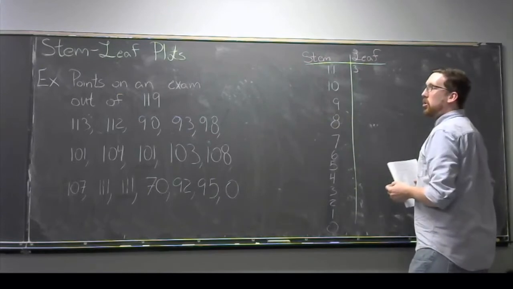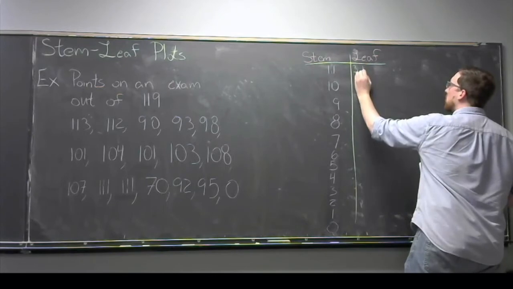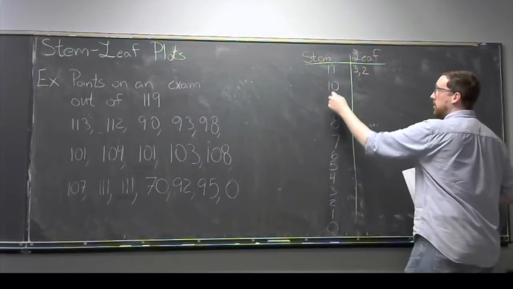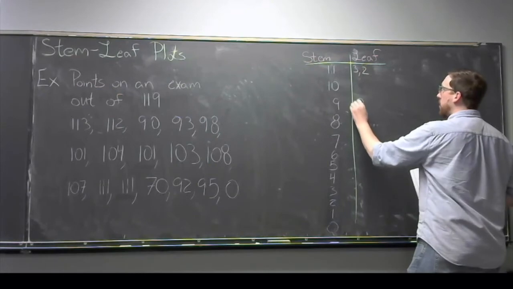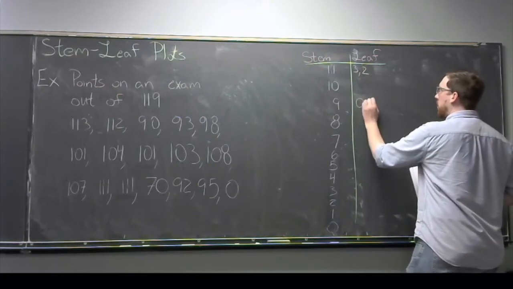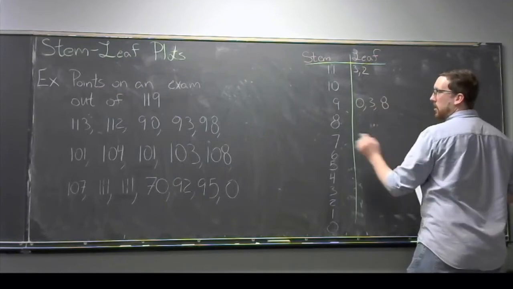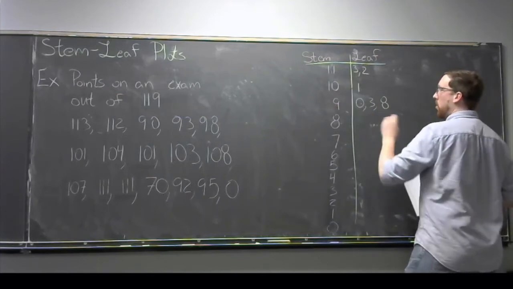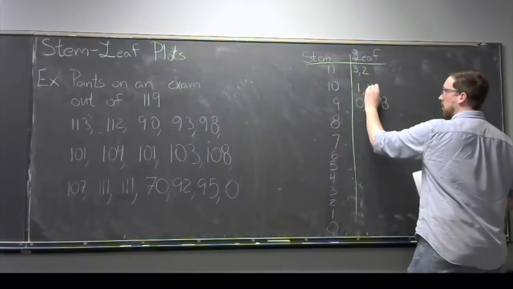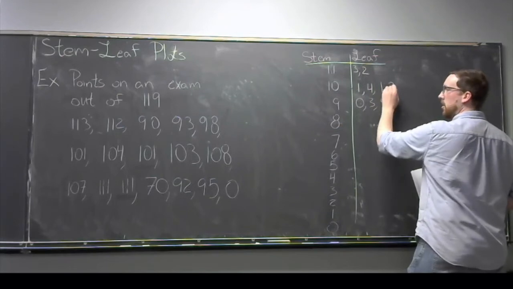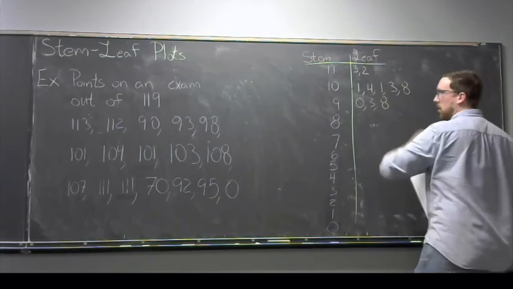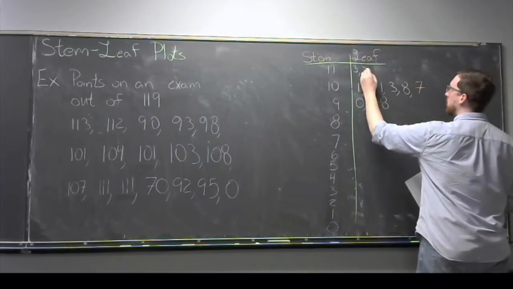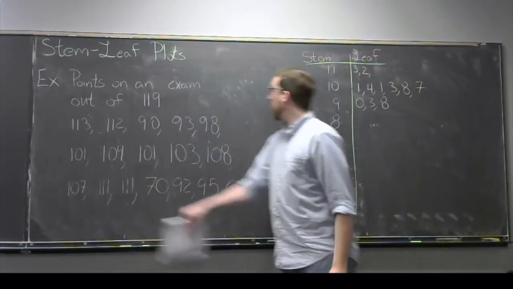Following that, we have 112, so we would write a 2 down here. 90, our stem would be the 9, and we'd write a 0 down here. 93, we would write a 3. 98. 101, our stem would be the 10, and our leaf would be the 1. 104, 101, 103, 108, 107, 111, 111, 111.